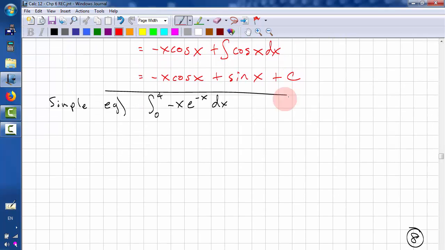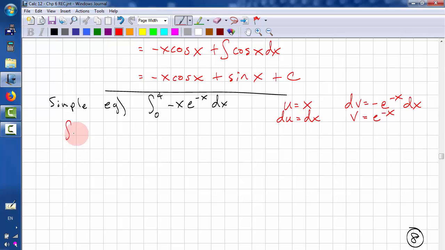Next example. So u equals x, du equals dx, dv equals whatever's left over. That'll be negative e to the negative x dx. And the antiderivative of this is e to the negative x.